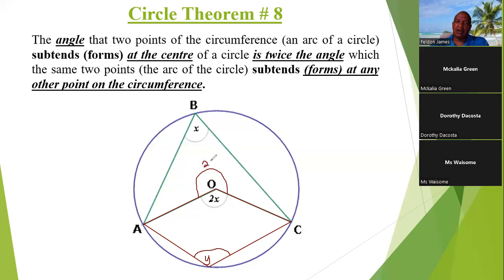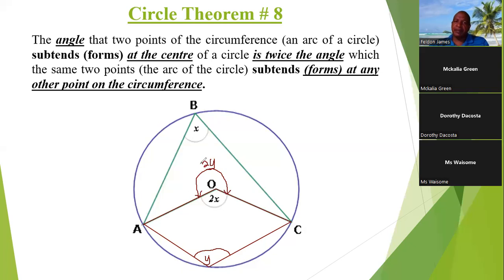So this angle outside the diamond is the angle which is twice the one inside the diamond. You're following? Yes, sir. Right. So that's how the theorem works. It means the one that forms at the circumference is going to be inside the shape, and the one that is formed at the center is going to be outside the shape. You get what I'm saying?